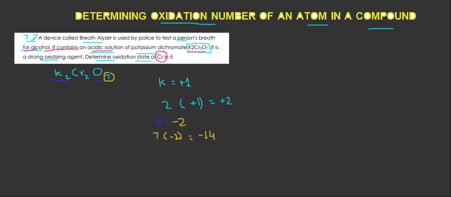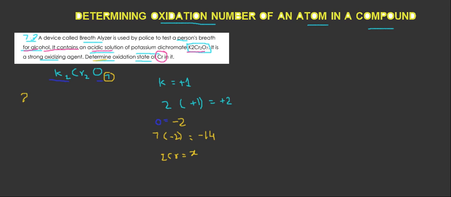Now you have to find out the oxidation state for chromium, because the question says determine the oxidation state for chromium. You have 2 chromium atoms, so 2 chromium atoms is equal to X, because this is an unknown quantity. Now we have to make an equation, and it can be made like this.